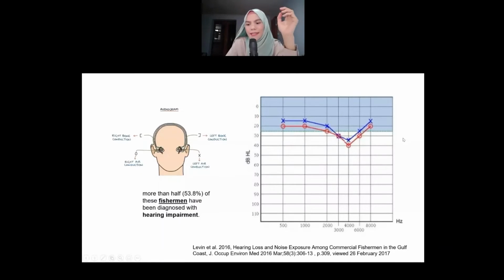In this case, there is bilateral sensorineural hearing loss at 3,000 to maybe 7,000 hertz. More than 53 percent of fishermen have a diagnosis of hearing impairment.